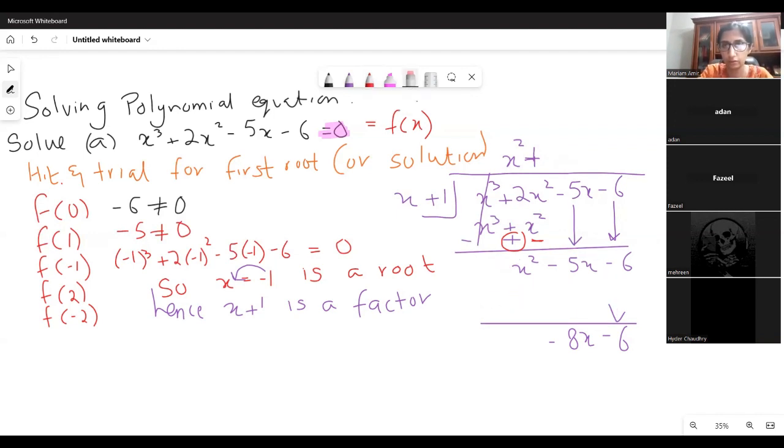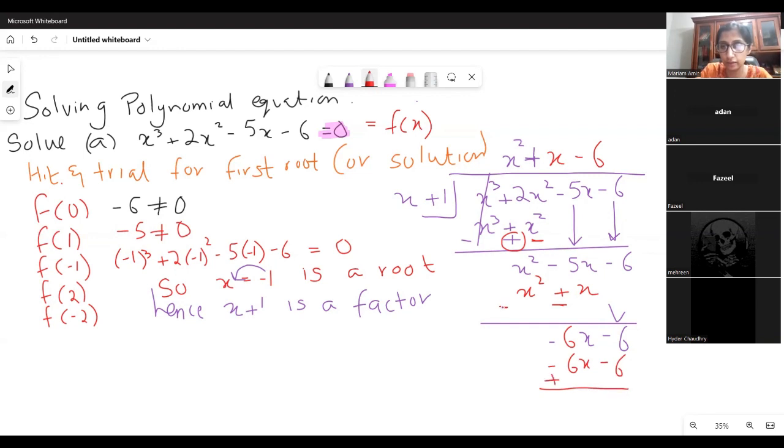Okay, so this would be just plus x. So that is x square plus x, change signs minus and minus. So we get minus 6x and minus 6.